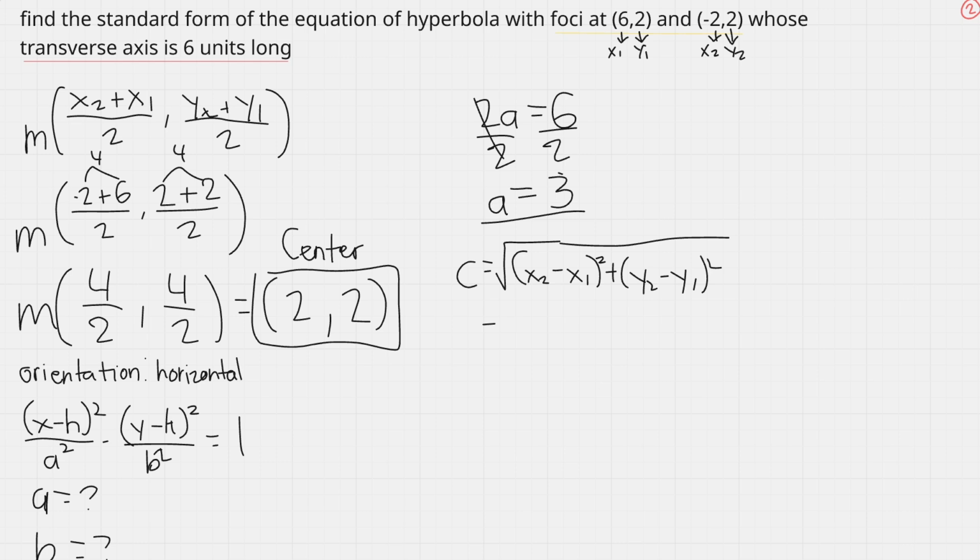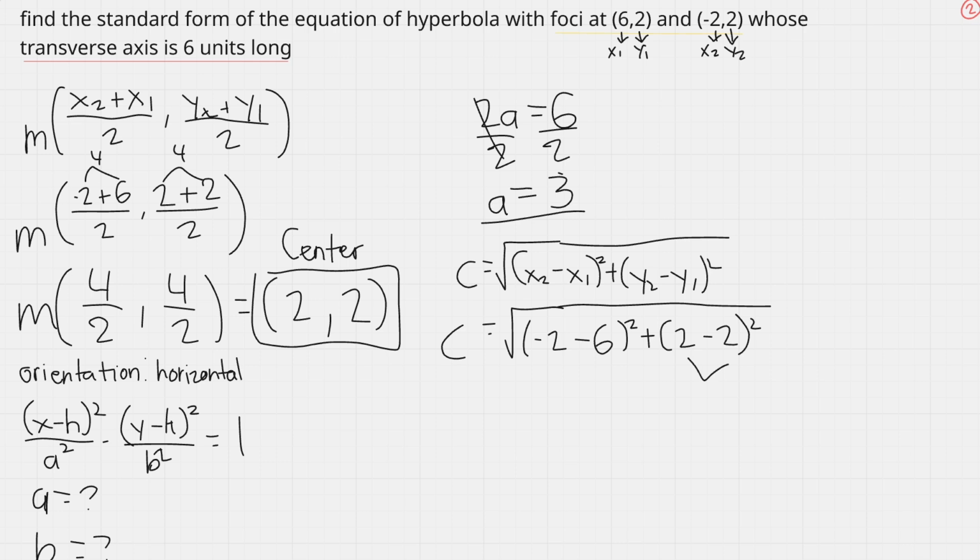Okay. Now let's substitute. We have our x sub 2, that is negative 2, minus our x sub 1, that is 6, plus our y sub 2, we have 2, minus our y sub 1, that is 2.